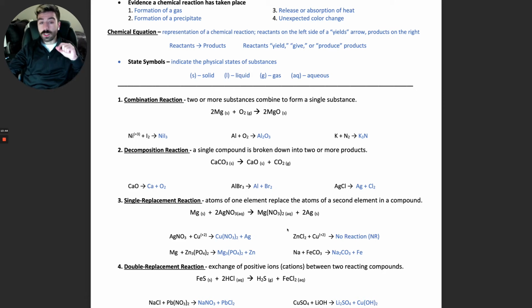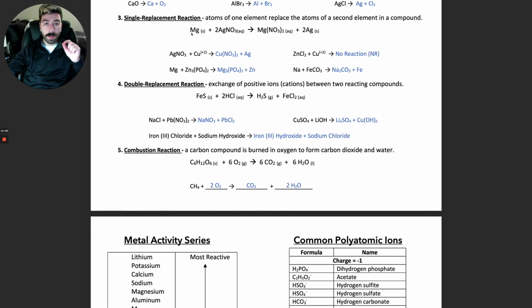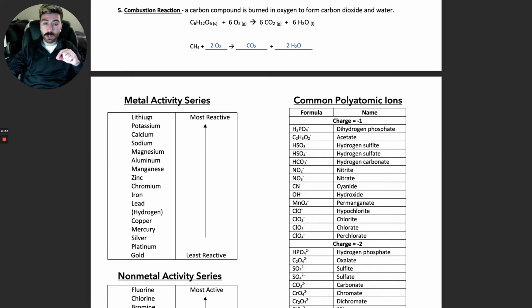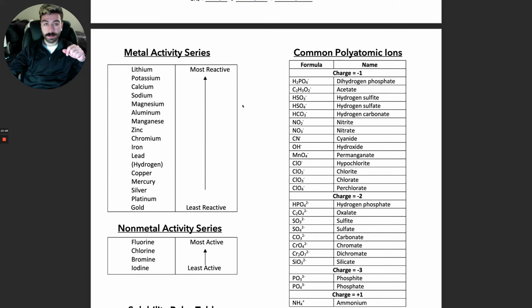Now there's one more step to these. I'm going to scroll down to the next page. Here we had magnesium replacing silver. And for single replacement reactions, you want to look at the back of this page, or the second page of the PDF. And we see the metal activity series. Single replacement reactions only work if the metal that's doing the replacing is more reactive than the metal being replaced.